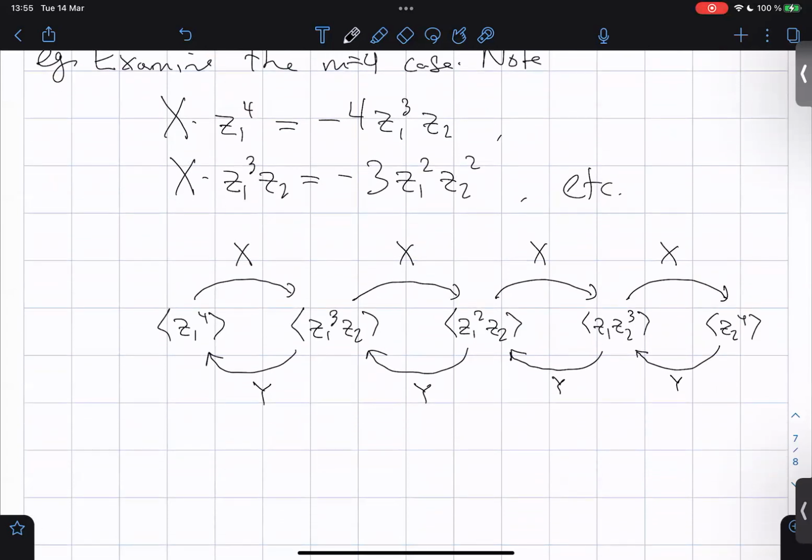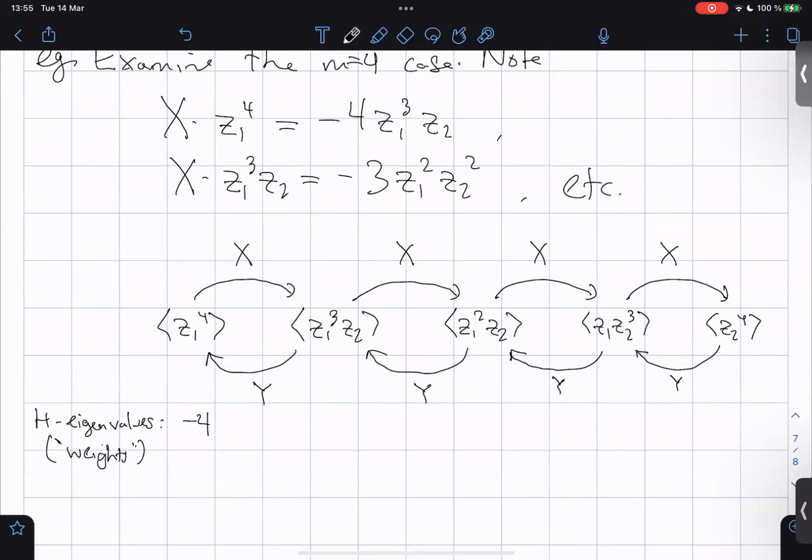Where do raising and lowering come from? For each of these subspaces, I could ask, how does H act? Remember, H was this nice diagonal guy, at least in the standard basis. Each of these subspaces is in fact an eigenspace for H. So what is the eigenvalue?